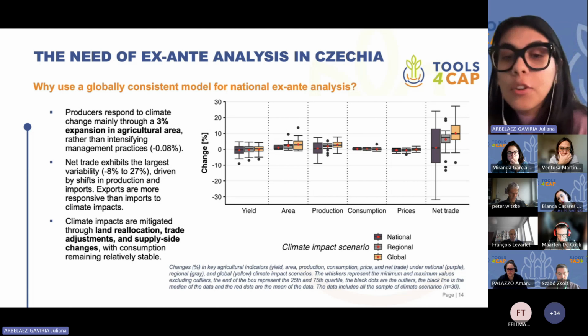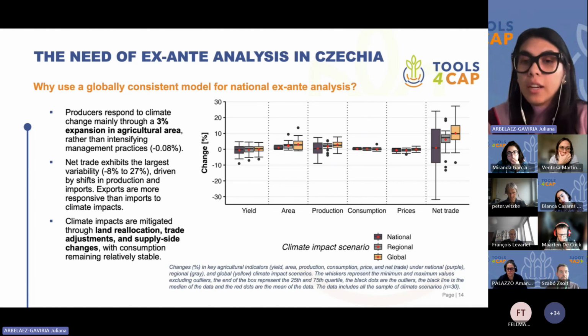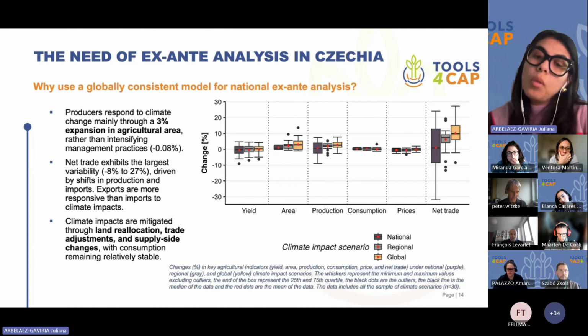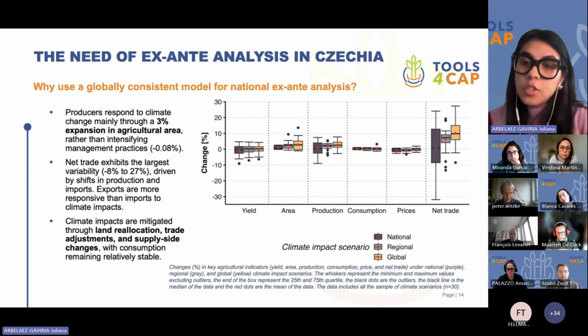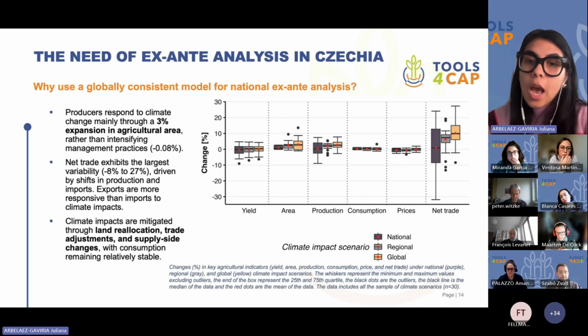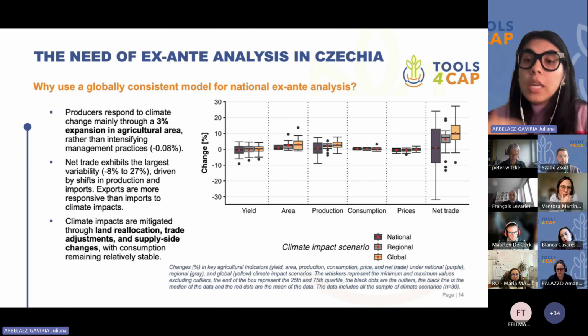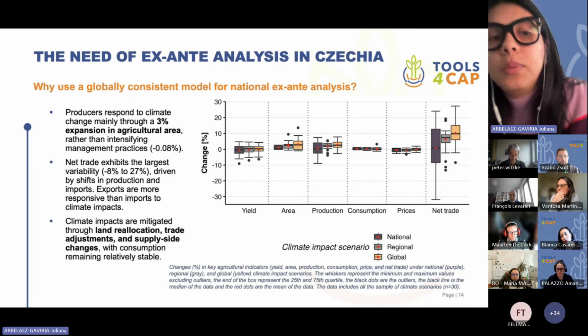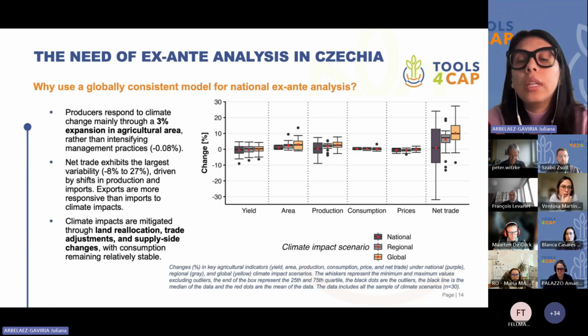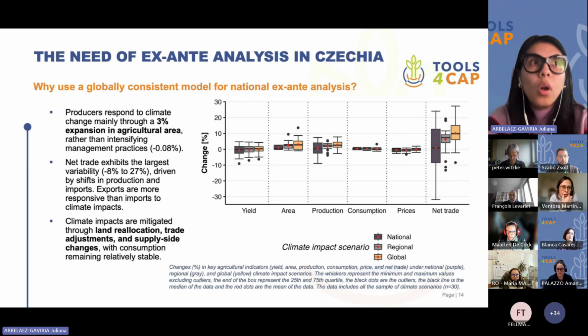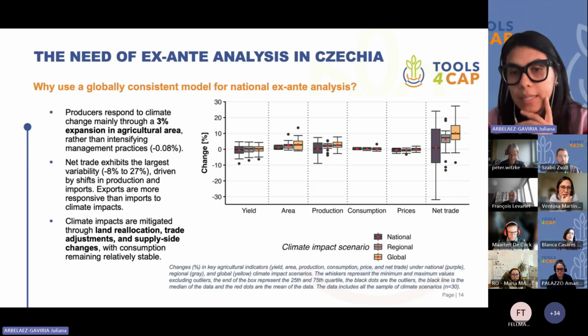GLOBIOM is coupled with other biophysical models to provide information on how the climate change impact is distributed among crops and among regions, and of course we included that in a way that shows how differentially climate change impacts the global agro-food systems.